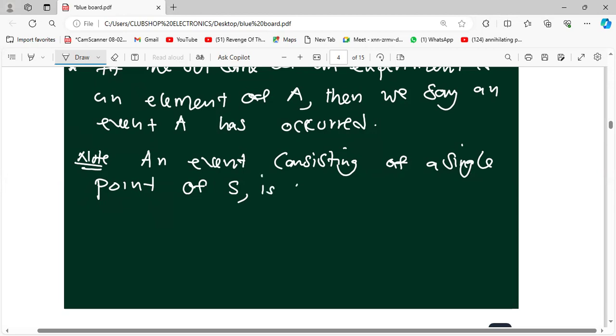We pick out 1, all right? That event is called a simple event or elementary event.